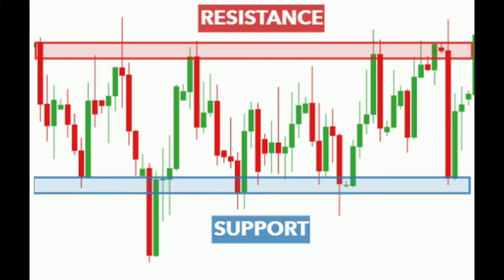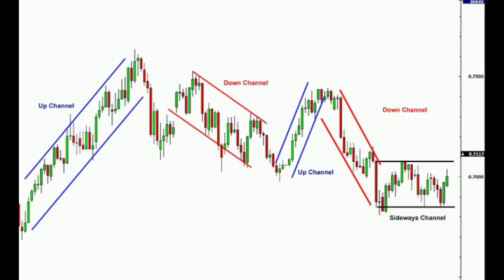Next, I'm going to talk about your trend patterns, your up and down trend patterns. In Forex, there are two types of trend patterns. You have your uptrend, which is your bullish trend, and we have a downtrend, which is the bearish trend. Why I brought this up is because for these two trend patterns, you also have your trending resistance and your trending support.